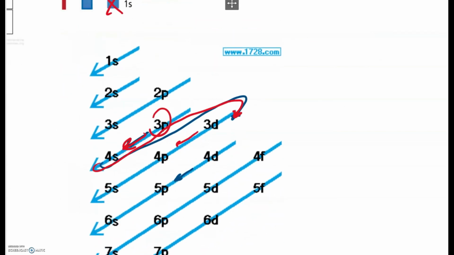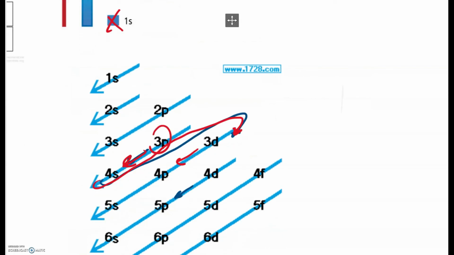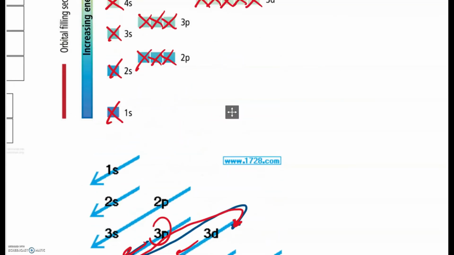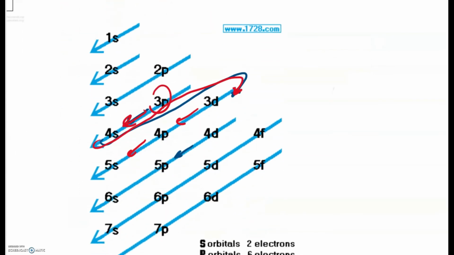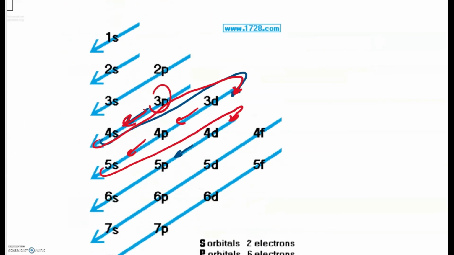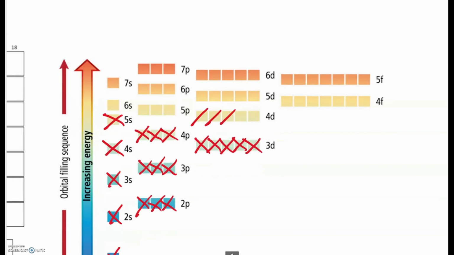After the 3d, we go to 4p. 31, 32, 33, 34, 35, 36. After 4p, we go to 5s. 37, 38. And after the 5s, we go to 4d. 39, 40, 41.